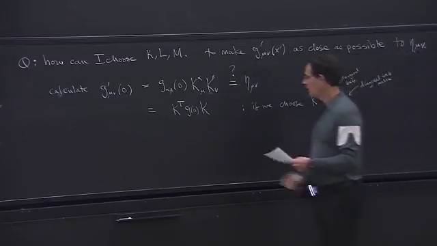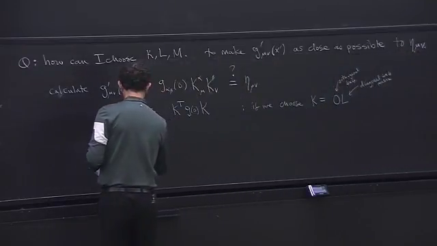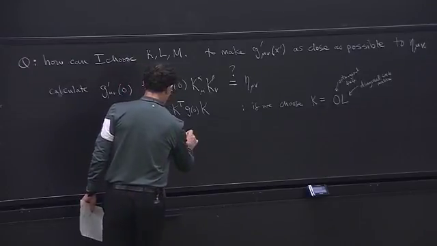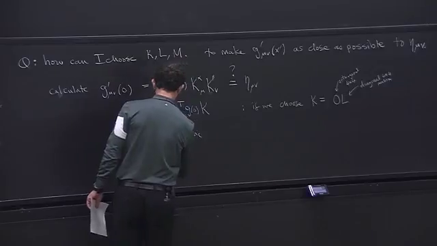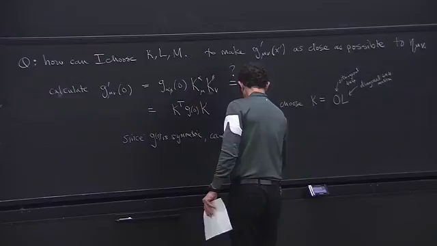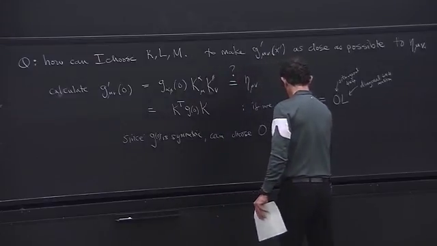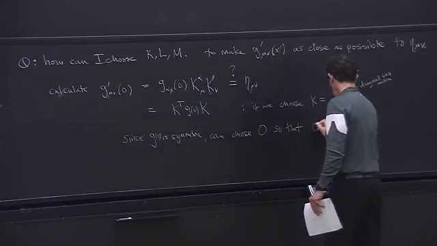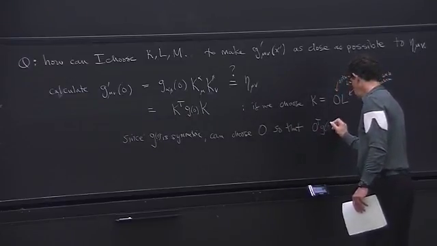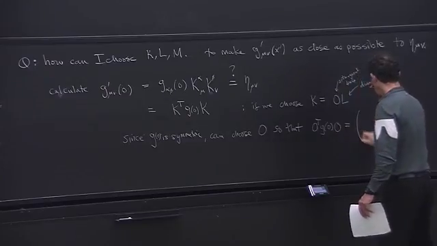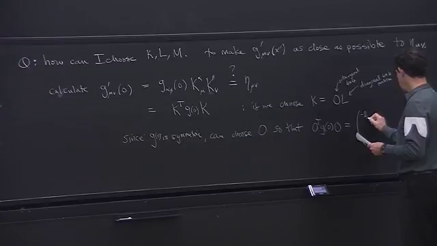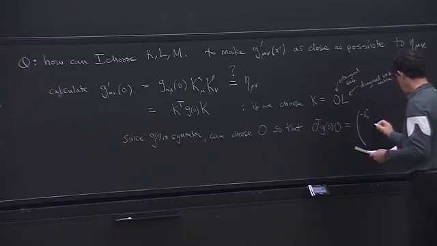Okay, then since G of 0 is symmetric, we can choose O so that O transpose G of 0 O is equal to a diagonal matrix, and this will be of the following form. So it's got to be diagonal.